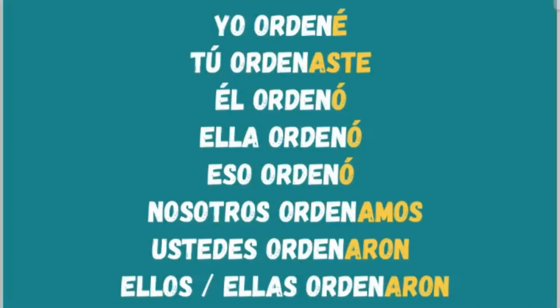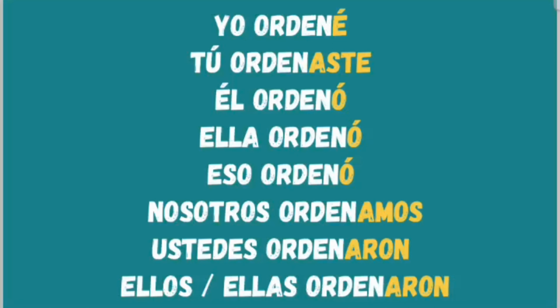Now, as you can see, orden, the word in white letters. Yo, it's the personal pronoun I, and then we have the root word, which is orden. As you can see in all the personal pronouns we have below, we have the same root. It doesn't change. If it stays the same, it's because it's a regular verb.